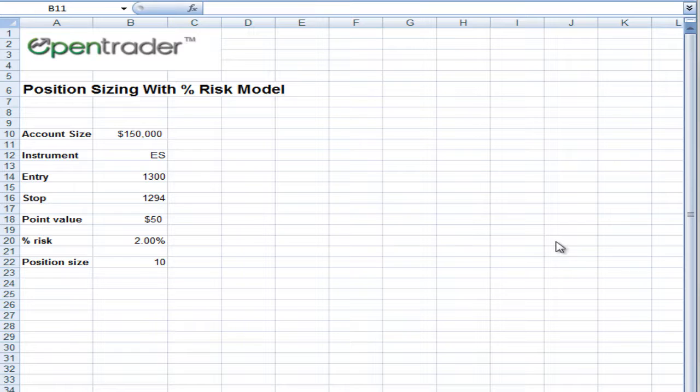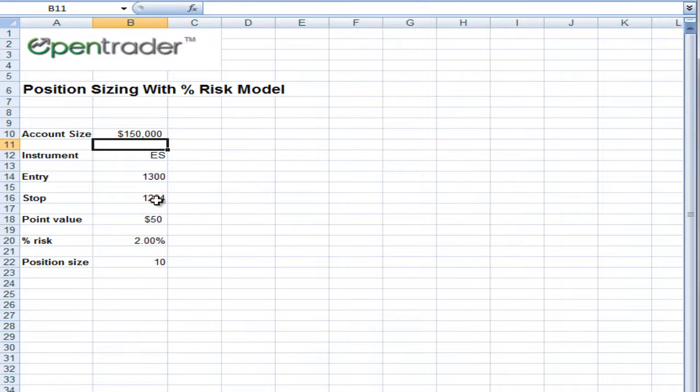But notice what the percent risk model is actually doing. What it's doing is it's fixing the dollar amount of risk per any given account size. Okay? So at $150,000 with 2% risk, you're going to be risking $3,000 a trade. Now it doesn't matter how big the stop loss is in that trade, right?